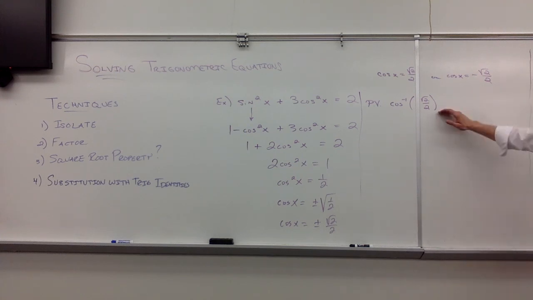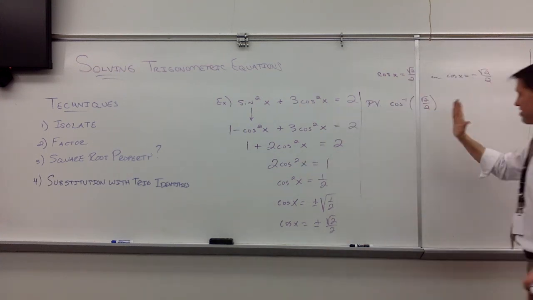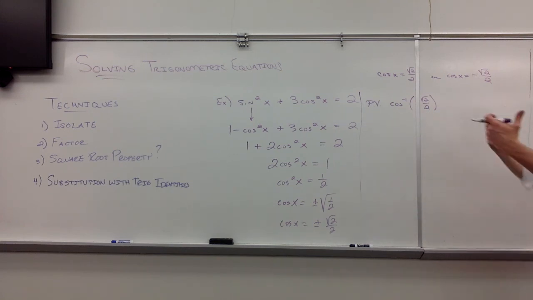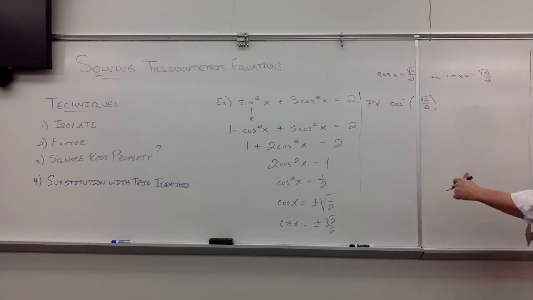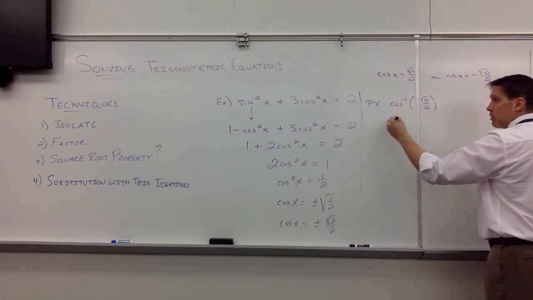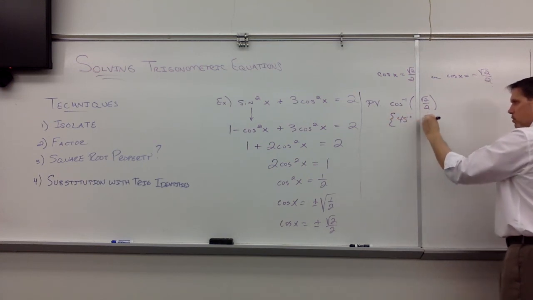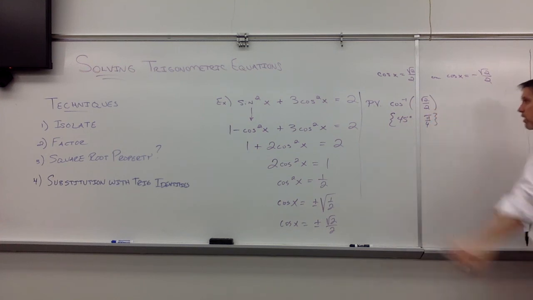Again, we're not wasting our time. Even if they say, I want you to solve between 0 and 360, you're not wasting your time because you're actually finding either one of your solutions, 0 to 360, or a very strong clue. In this case, it will be one of our solutions. Cosine inverse of the square root of 2 over 2 is 45 degrees, or pi fourths in terms of radians.